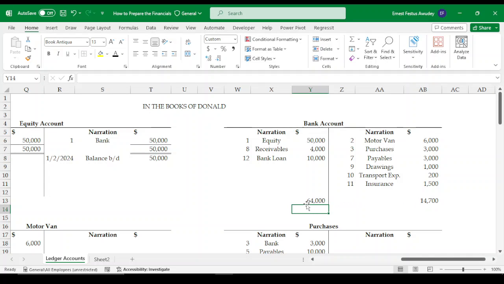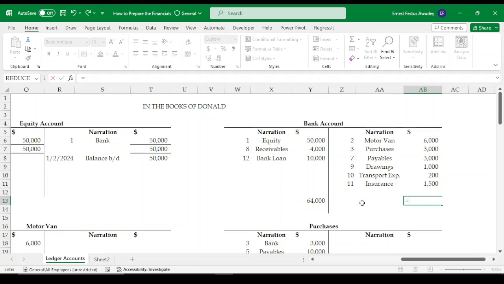Therefore, we can conclude that this 64,000 is higher, which is the debit side. Therefore, this 64,000 becomes the total for both sides of the account. So I'll come here and reference this 64,000 right here.